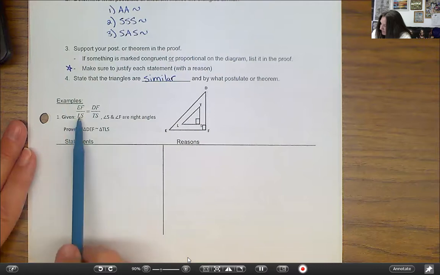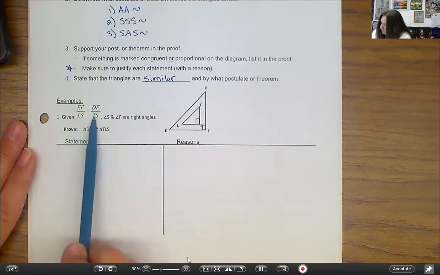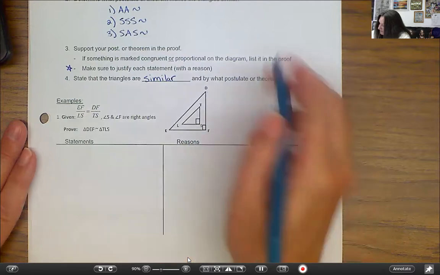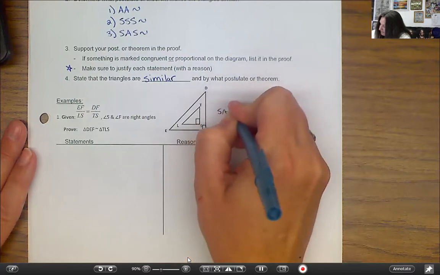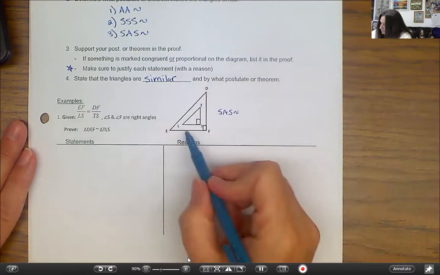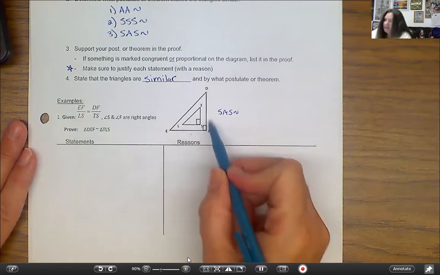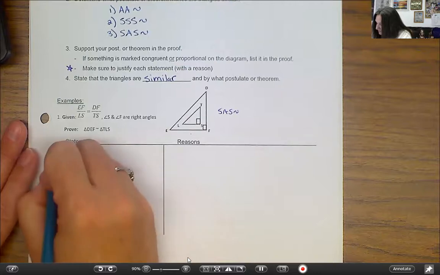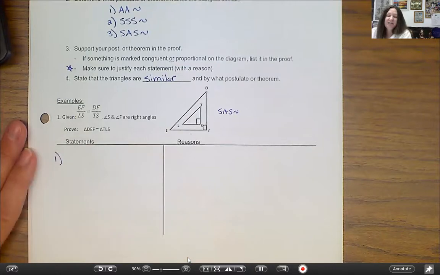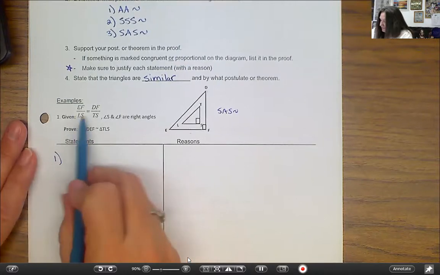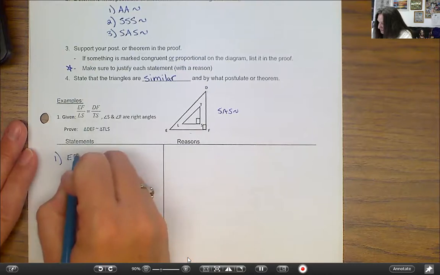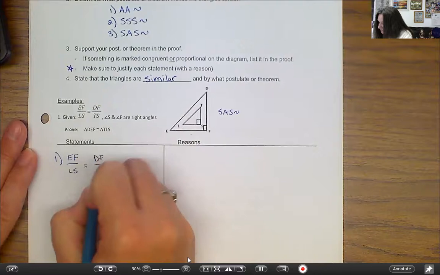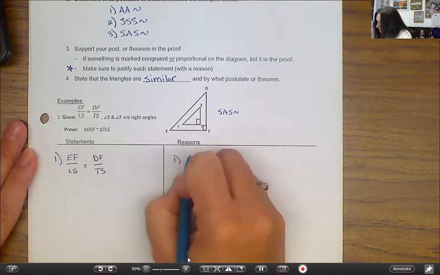So what I should recognize is I have 2 sets of proportional sides and then 1 set of congruent angles. So this is going to be a side angle side similarity because they do go in that order as I work my way around the triangle. So that's what I'm going to start with in my proof, that first given statement that gives my scale factors. So I've got EF over LS equal to DF over TS, given.